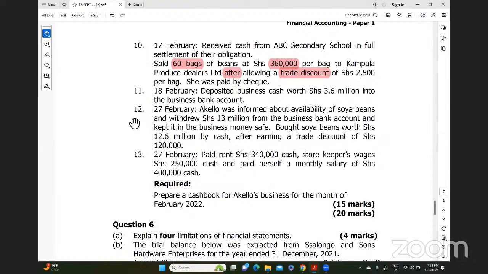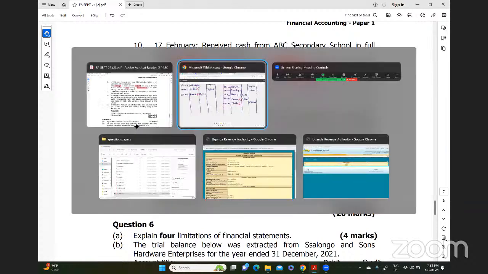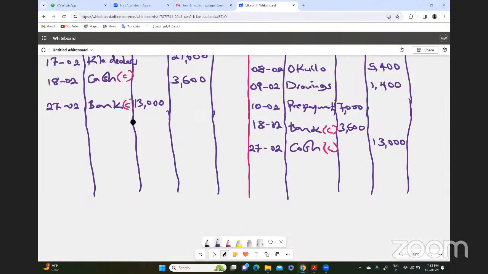So we actually paid for it by cash, not so? 12.6 cash.